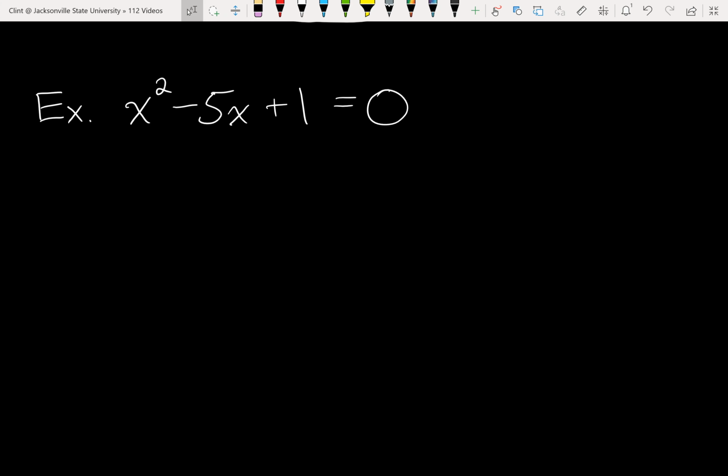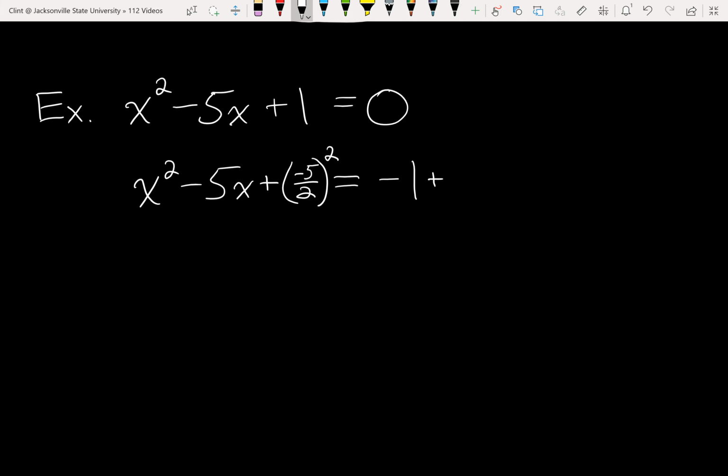We want just the x terms on the left. x squared minus 5x, some room. Subtract 1 from both sides. This time our b over 2 number is going to be negative 5 over 2. That's a little messy. Messier than the previous problems, but we can deal with it.